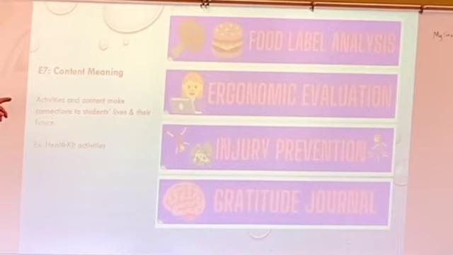So I do, when we do chemistry, it's not real chemistry, it's biochemistry, like for the body stuff. I do a food label analysis. When we do the skeletal system, I do an ergonomic evaluation. I do a posture evaluation. I do an injury prevention thing when we do the muscles. And those are actually orthopedic tests. They're really useful. They actually help them not become weekend warriors who injure themselves as well.